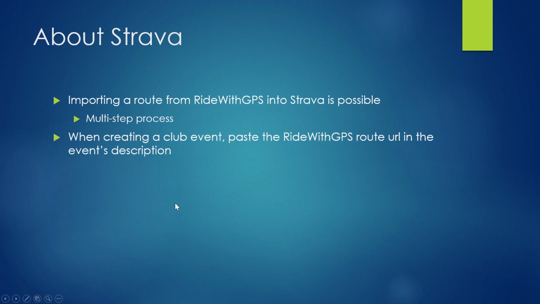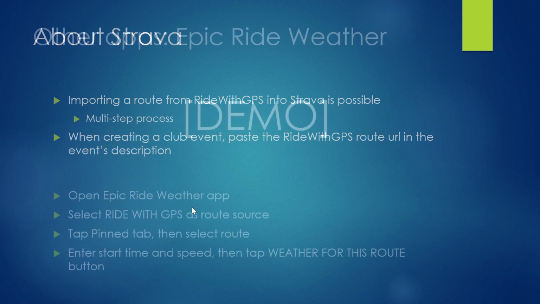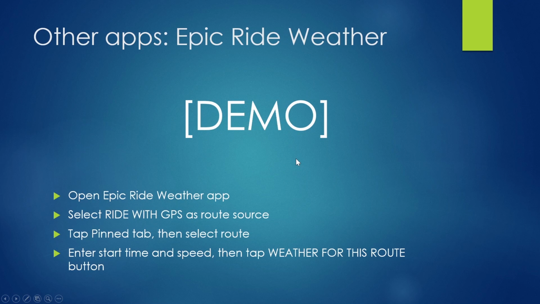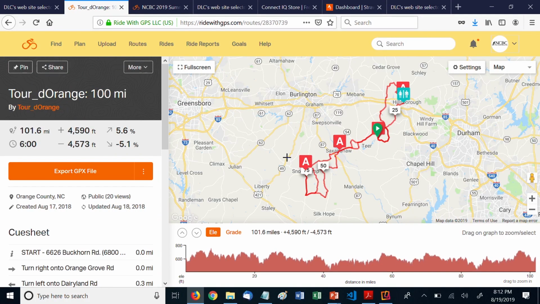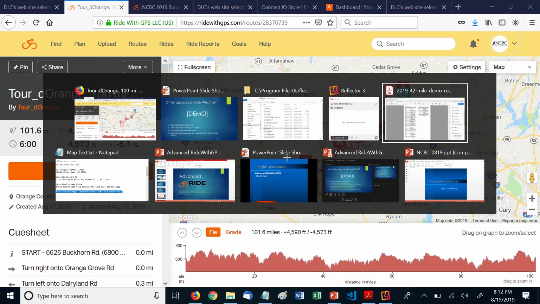Other apps, there's one that I'm particularly fond of, and let me get this back up here. Where am I? Oh. So will Ride with GPS give me the same outputs as Strava, like max speed? Yeah, its analytics is pretty good if you upload the right GPS. Okay.